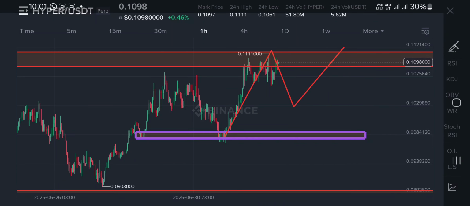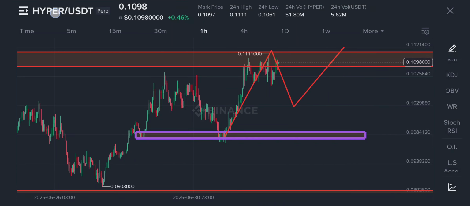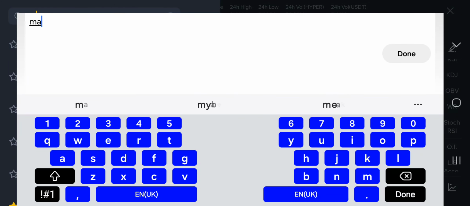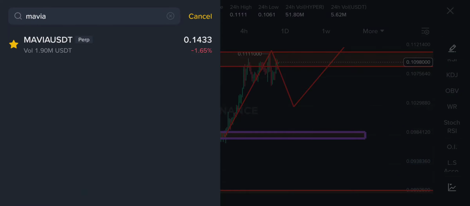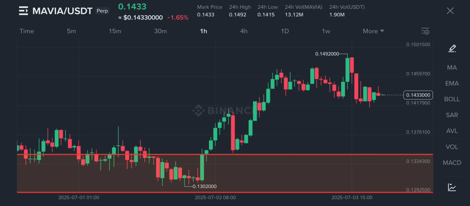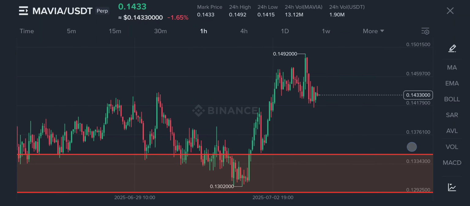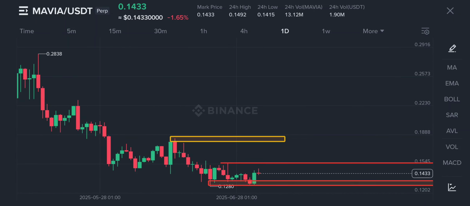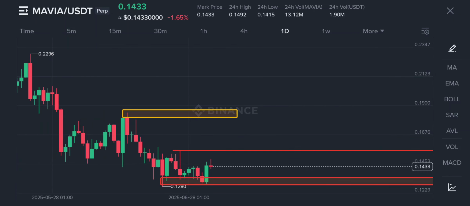So we'll go to the second trade. The second trade is Mavia. So let's open Mavia on our charts. Okay, here on Mavia, we already marked out our area of interest, but this was not really complete.